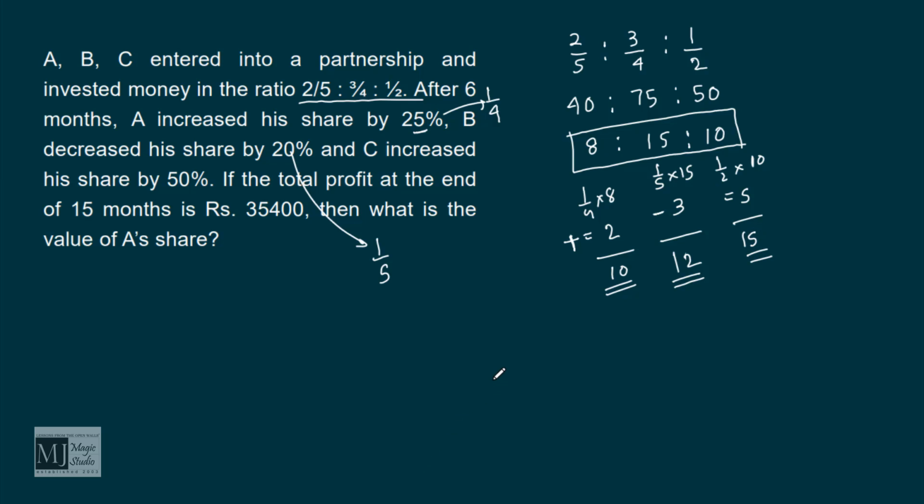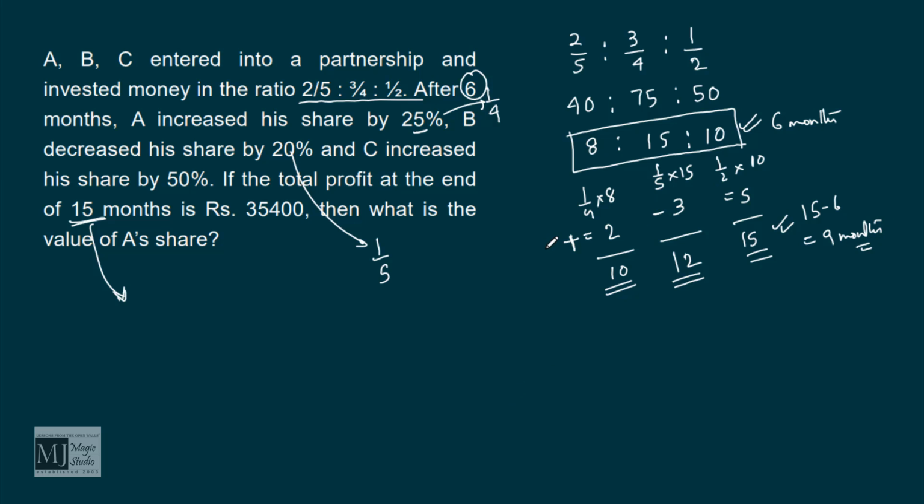If the total profit is at the end of 15 months, now what is the implication of 15 months here? Already the initial amount was invested for 6 months. That means this new amount is invested for 15 minus 6, that is 9 months.